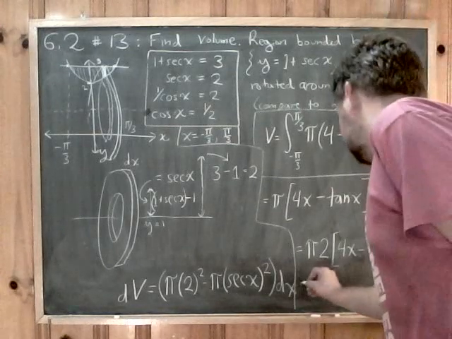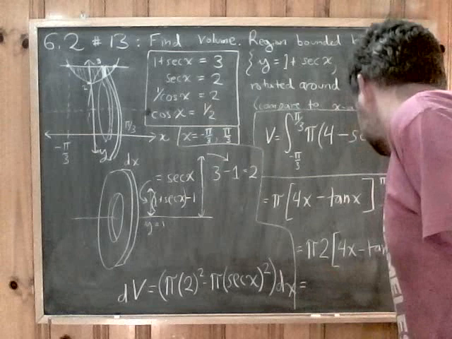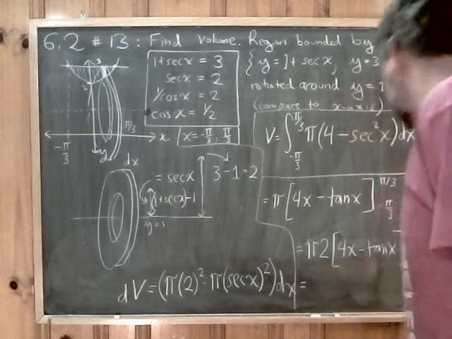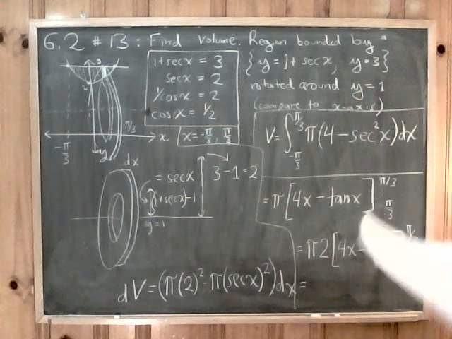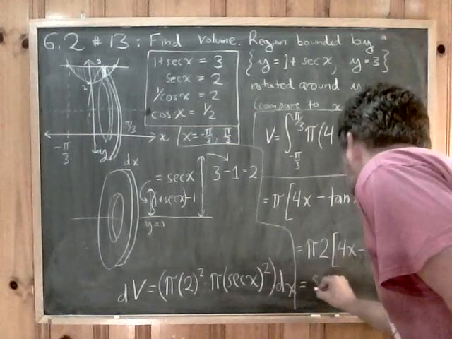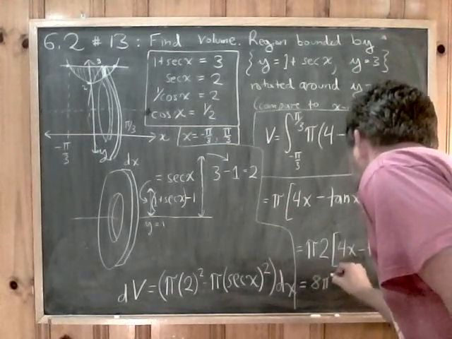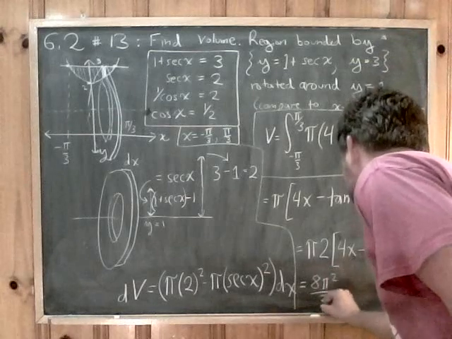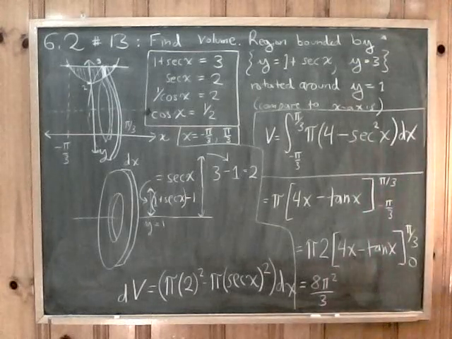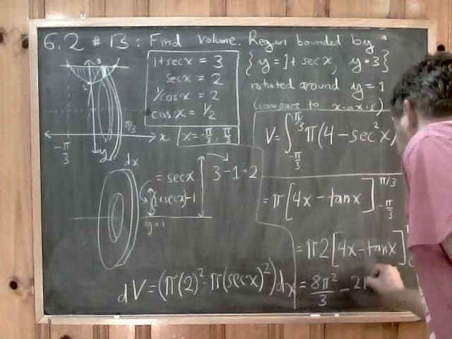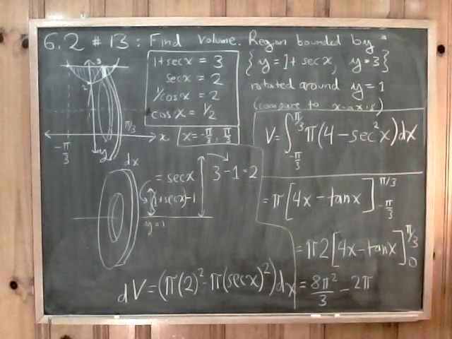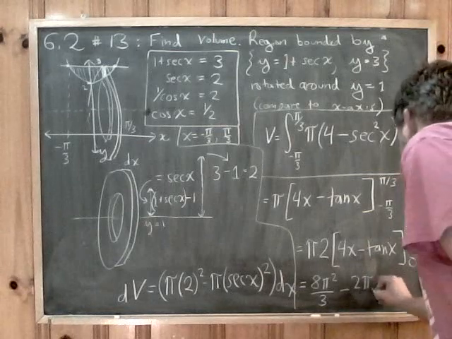So that'll be 8 pi squared over 3, multiplying the 2 pi on both, and then minus 2 pi times the square root of 3.